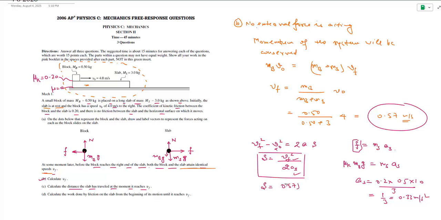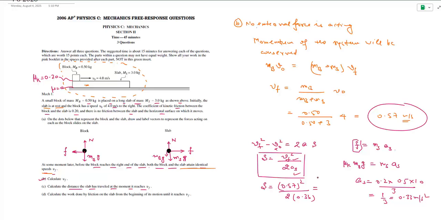Vf is 0.57 squared divided by 2 times acceleration. Check what will be the answer. What's the value? I'm getting 0.327. Recheck.